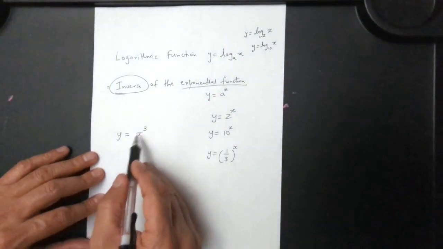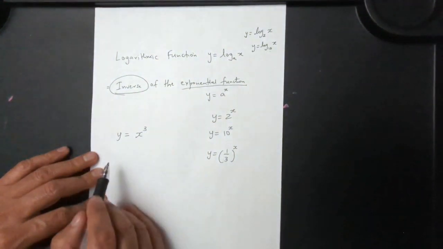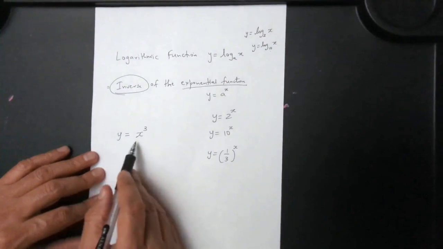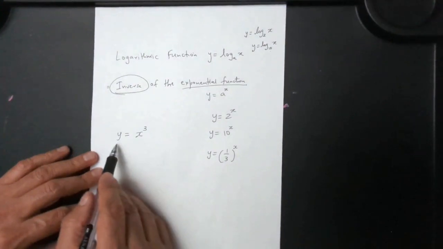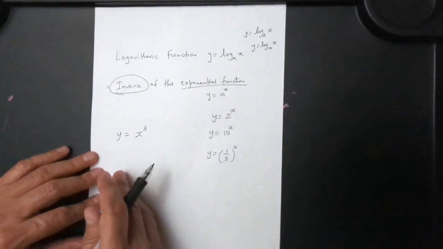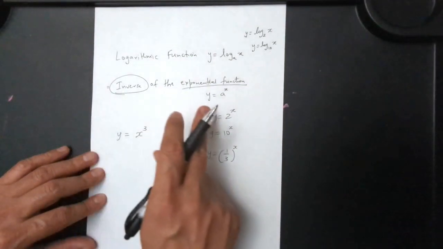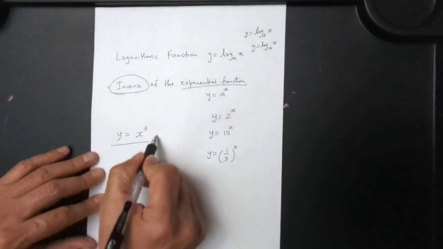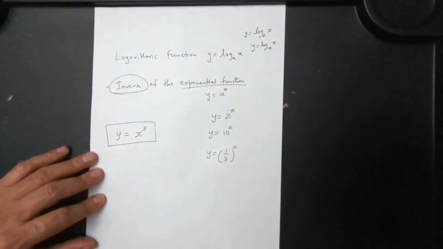In particular, it's a cubic function. It's x cubed, right? It's a much simpler function, and we are going to try to understand what the inverse of this function looks like, and we'll apply the same method to understand the inverse of some of these exponential functions. So let's understand the inverse of this function.